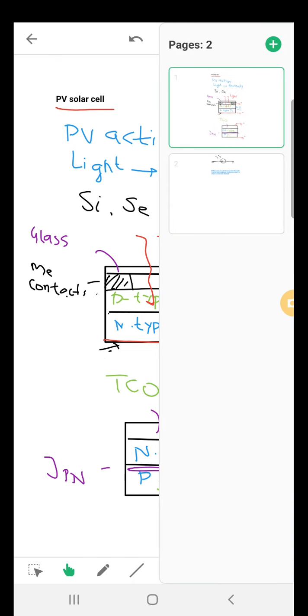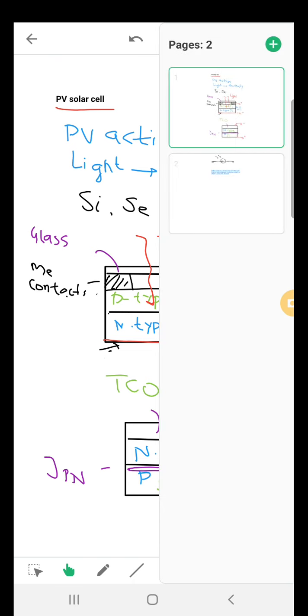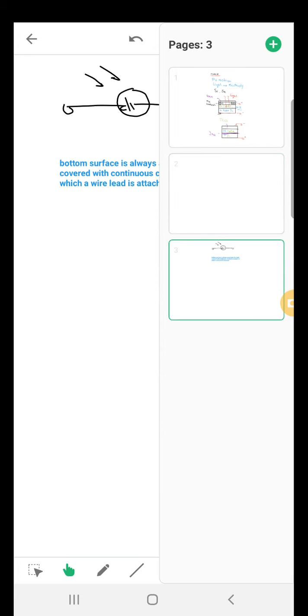Now, whenever we are talking about a junction between an N-type and a P-type, like in this case, we speak about the PN junction.